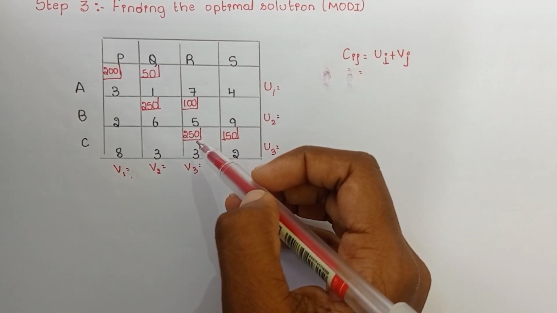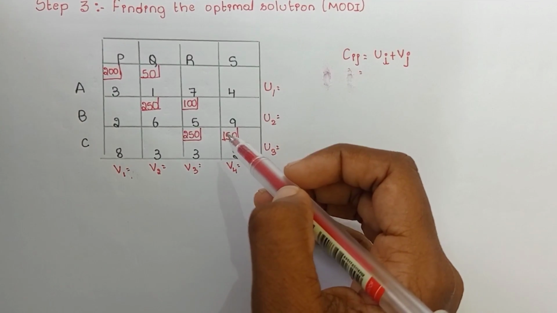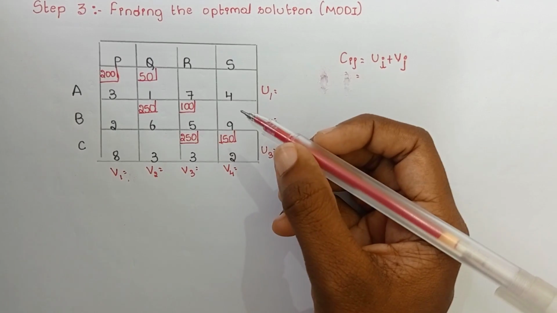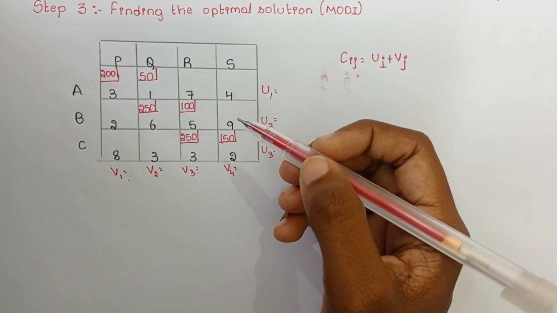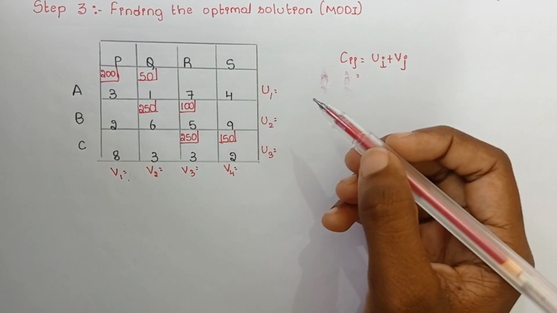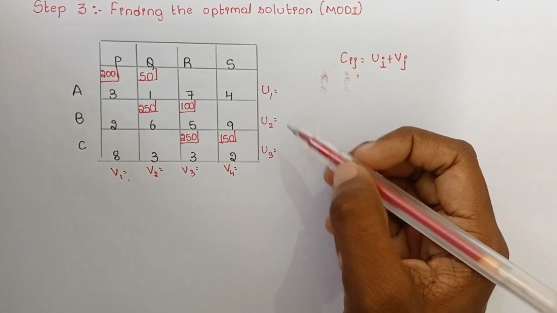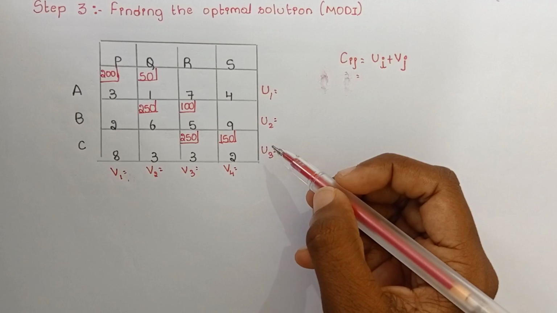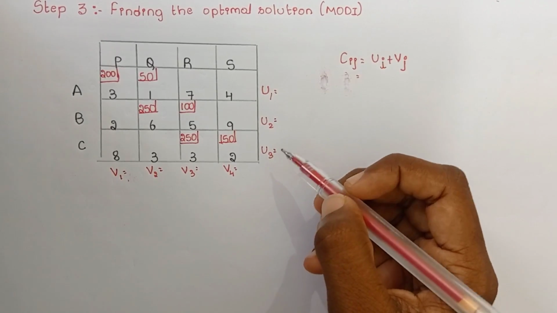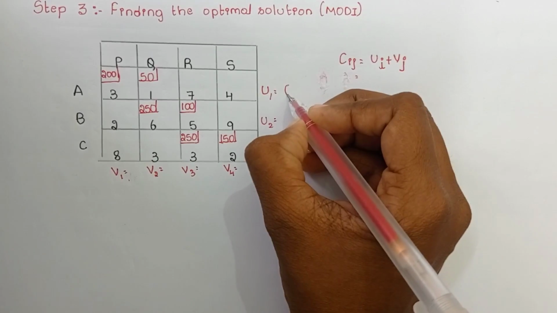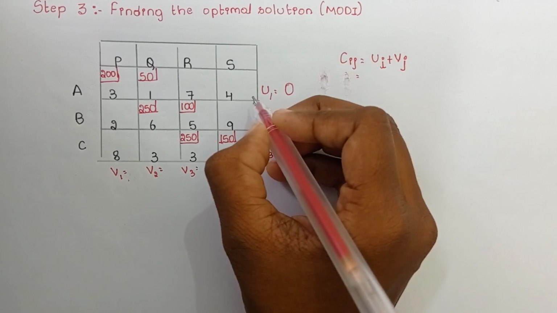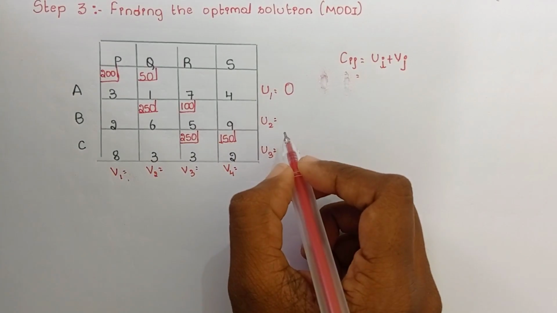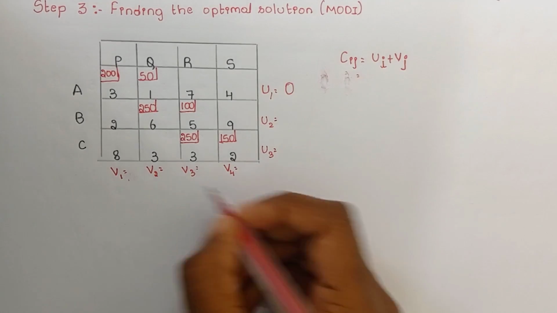In this row also, the maximum allotted cell is 2. All the rows are equally allotted, so I can take 0 for any U. So I will allot 0 for U1. Now U1 is 0, and using this value I can easily identify the other values like U2, U3 and the V values.